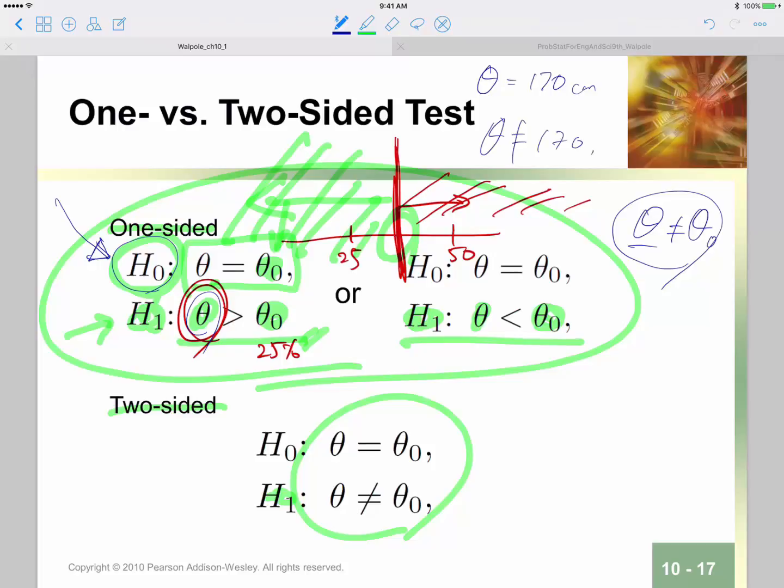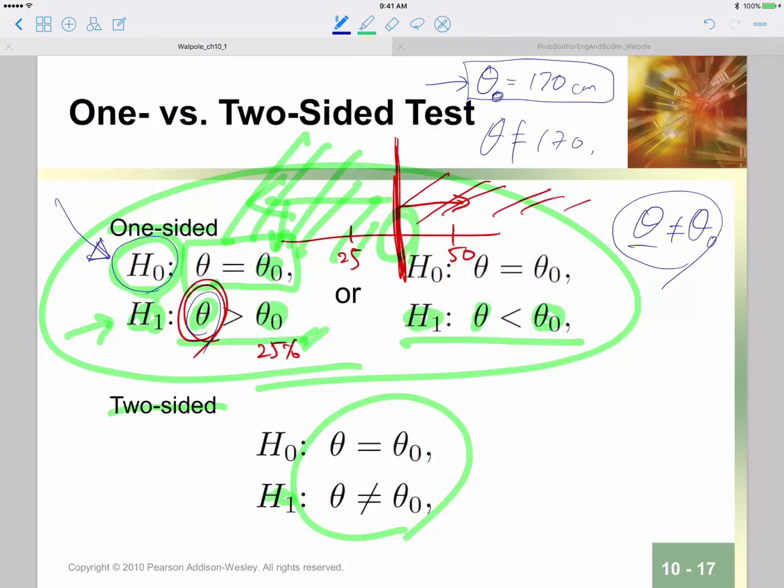In order to reject this hypothesis, theta can be either smaller or larger than 170. So there are two possible cases, as long as the observed theta is sufficiently far from theta 0, the value of the null hypothesis.